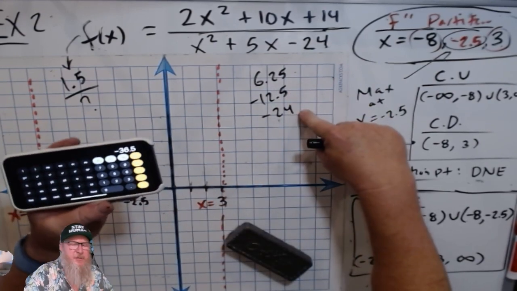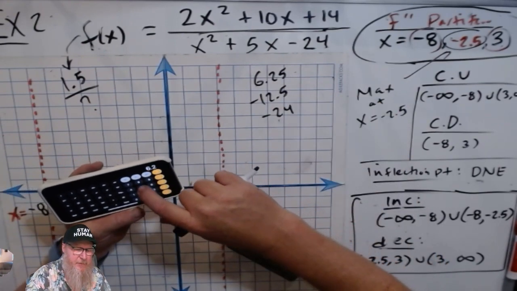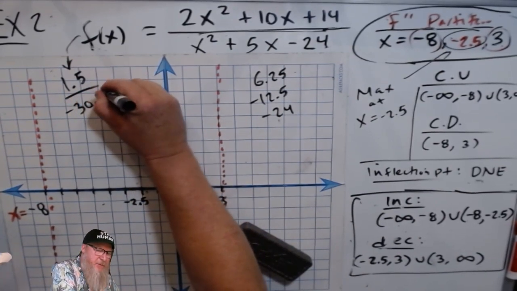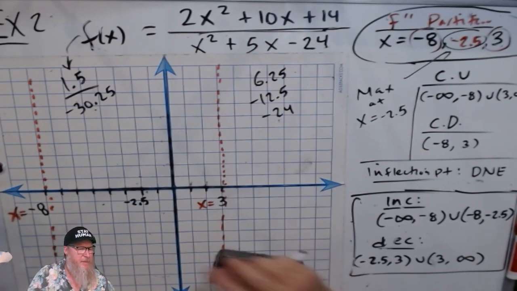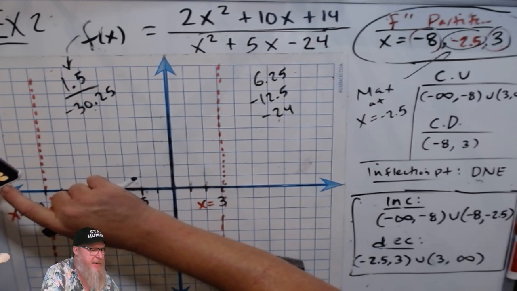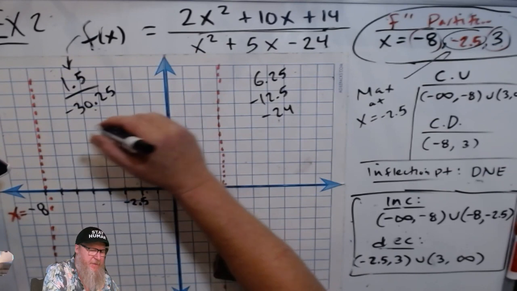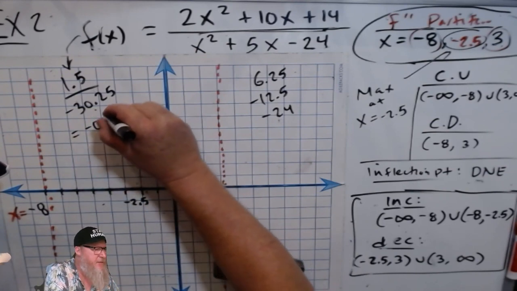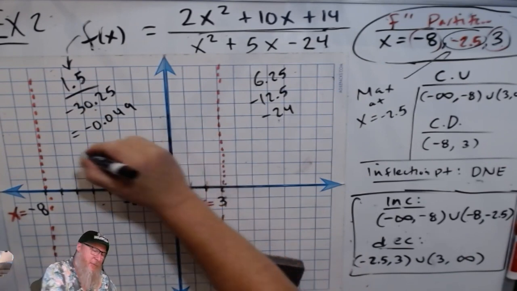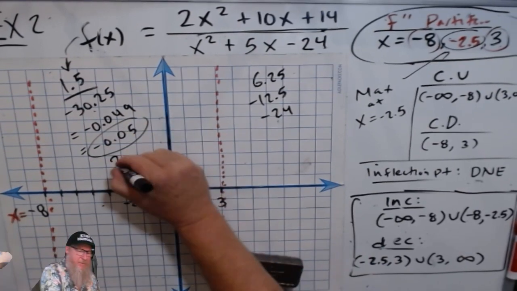So do those first. It gives me a negative 36.5 and then add 6.25. So the bottom is negative 30.25. So I've got 1.5 divided by negative 30.25. So this is negative 0.049, which is negative 0.05. It's basically 0.